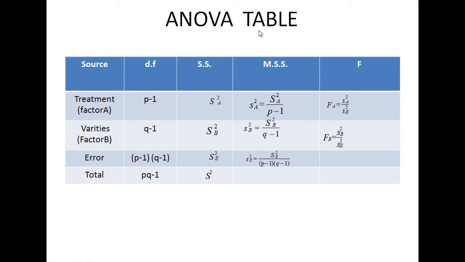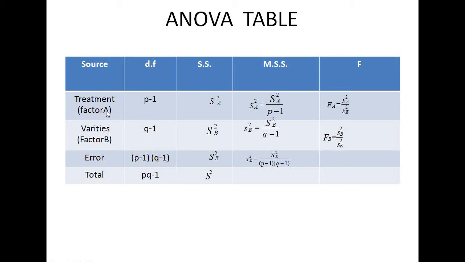This is the final ANOVA table of two-way classification. Here, the first column represents the sources, second column represents the degrees of freedom, third column represents the sum of squares, and fourth column represents the mean sum of square, and this is the final F-test result. Here we have considered two factors. Factor A is considered as treatment and factor B is considered as different varieties, and this is the error and this is total.